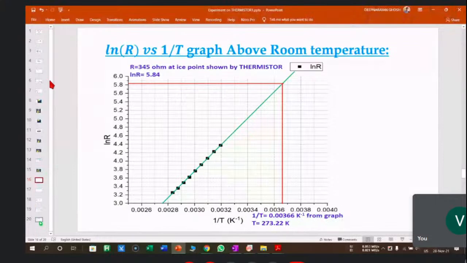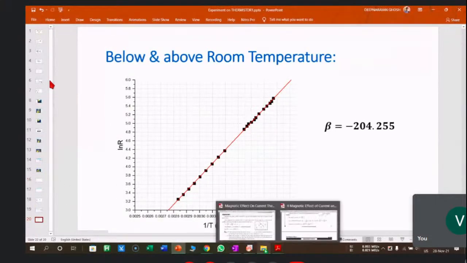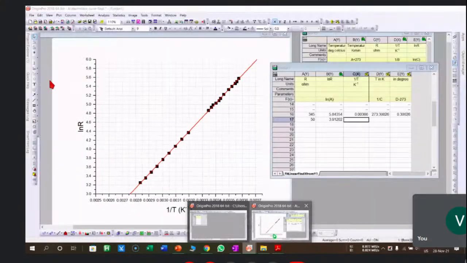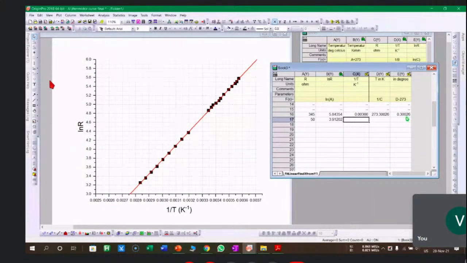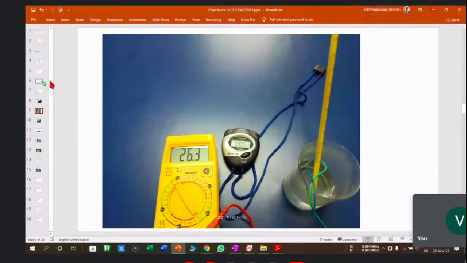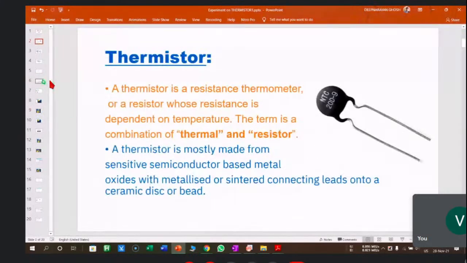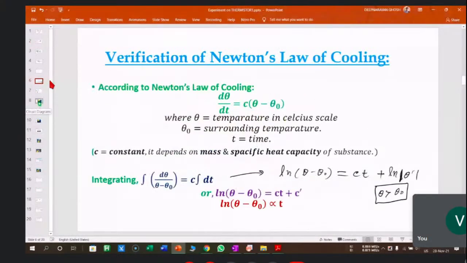But after full calibration, it is showing about the same temperature region, around 273.30026 Kelvin. That means the thermistor is most sensitive and most accurate. It can be used as a most sensitive and accurate temperature sensor. And I can also verify Newton's law of cooling by this simple experiment using simple apparatus.